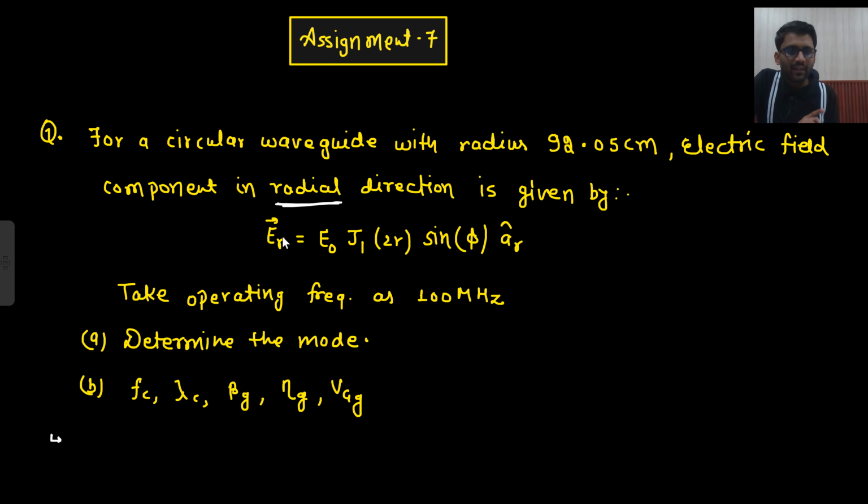They have shown the radius by R. They can show it by any variable: R, rho, or X. Generally they will show it by R or by rho, but generally we are showing it with rho. So the E rho expression they have given. Let's do it on the next page.